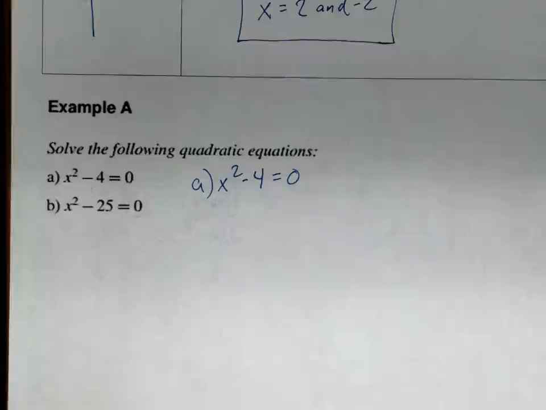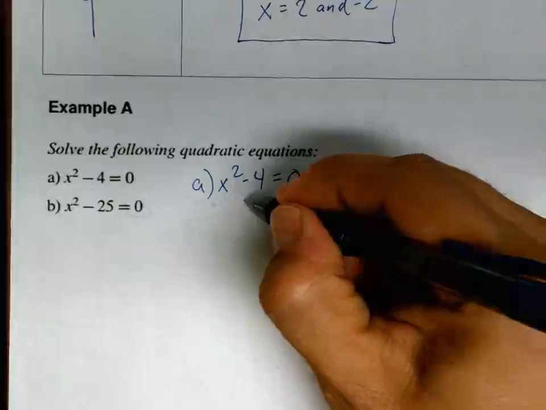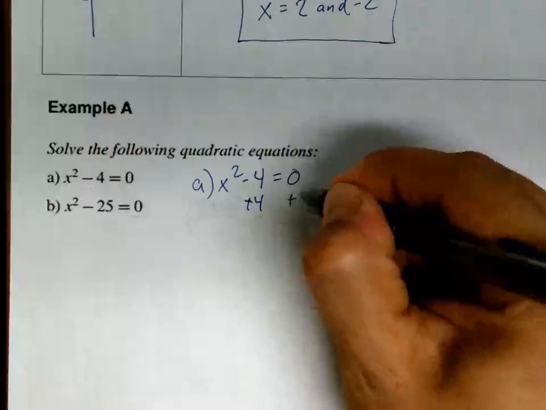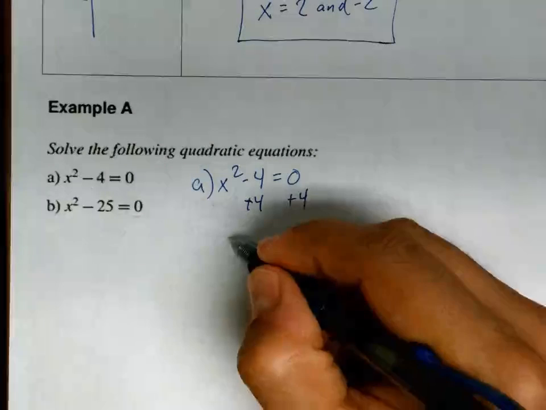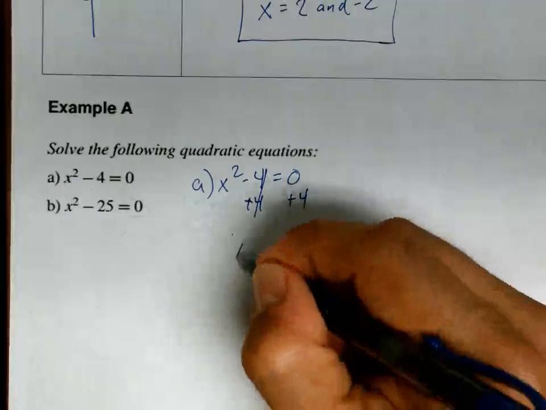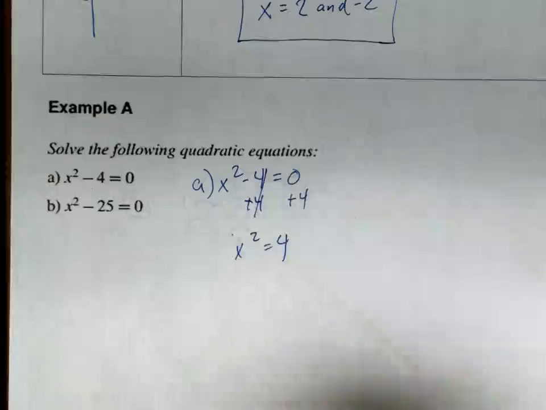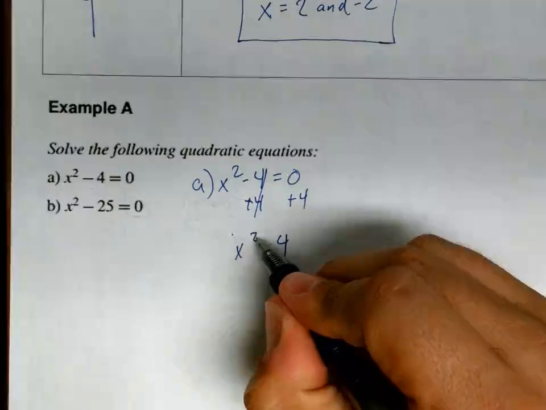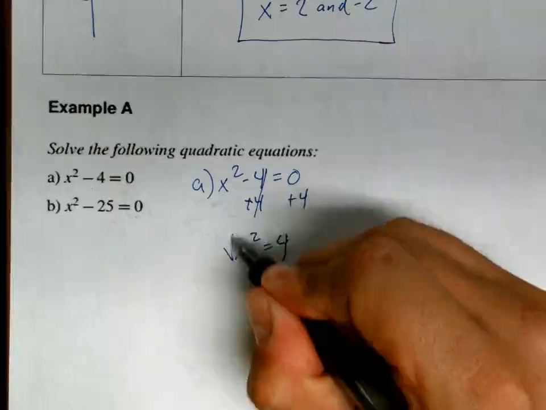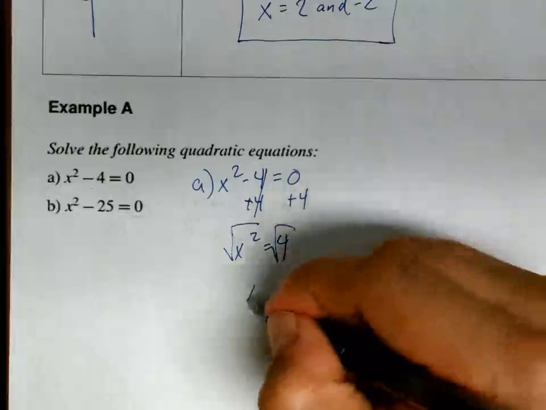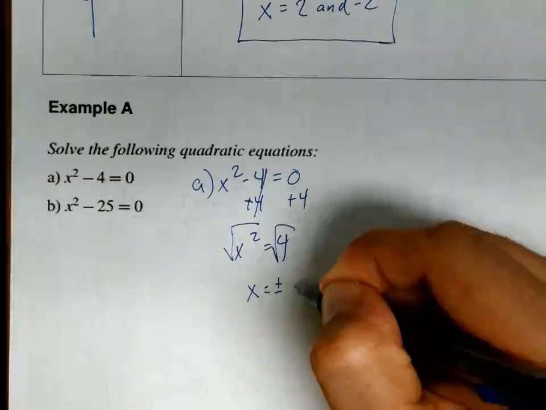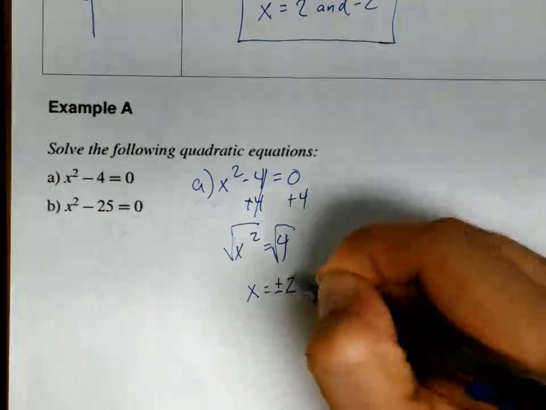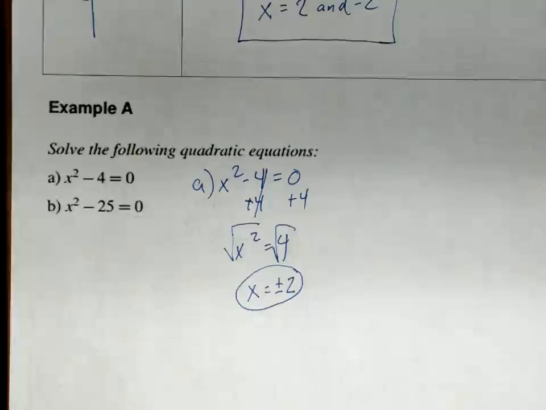So we need to do the opposite of minus 4, which is add 4 to both sides. And the 4's cancel out, and we'd have x squared equals 4. And now it looks like just the problem that we did up top. Once the x squared is all by itself, we need to square root both sides, and x equals plus or minus 2. Okay, positive and negative 2.